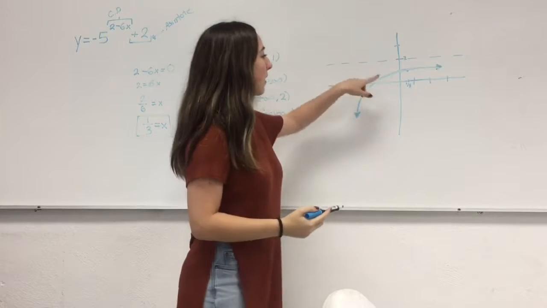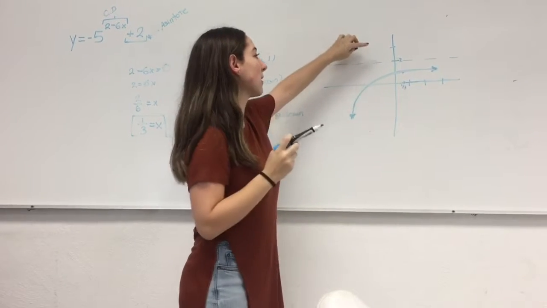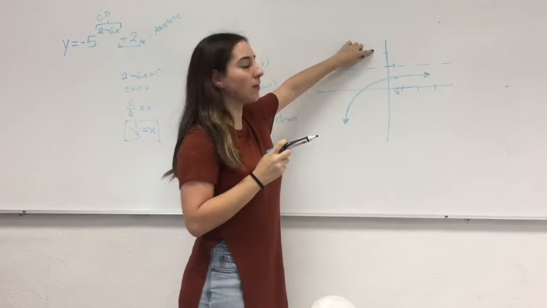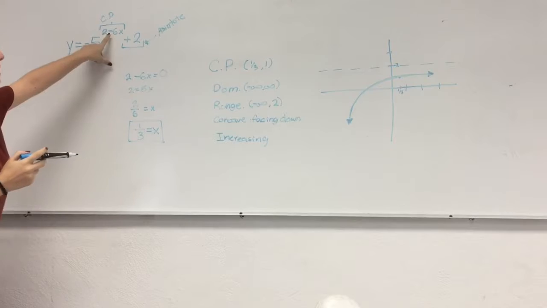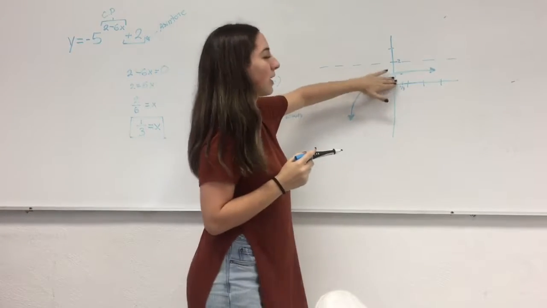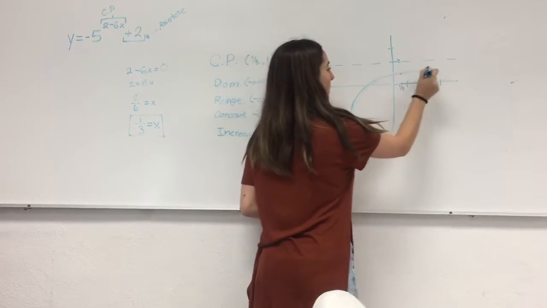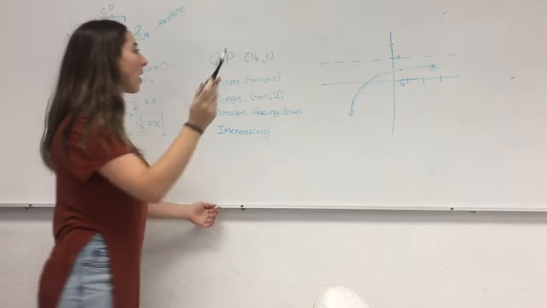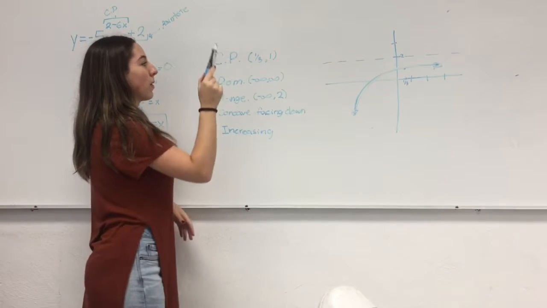Then always the characteristic point in the y indicates if it's one up or one down. So because it has a negative here and here, it indicates that it is down. And the arrow is going to face this way. Now we see that the characteristic point is at 1/3, 1.